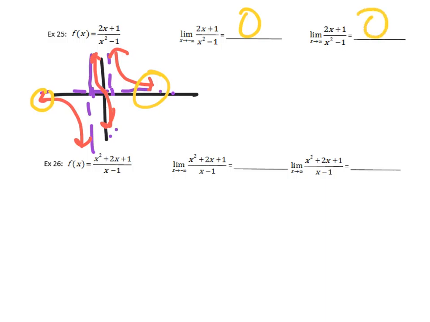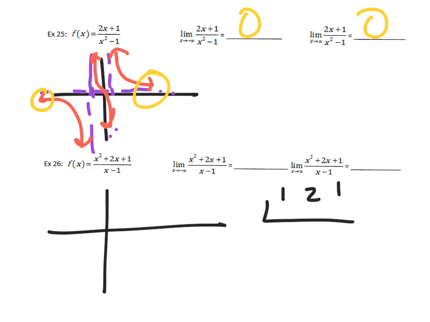Next one, if I do x squared plus 2x plus 1, oops, I gotta put in the 2, over x minus 1 and graph it, you get this graph. You're going to get a slant asymptote. Let me see where the slant asymptote is.